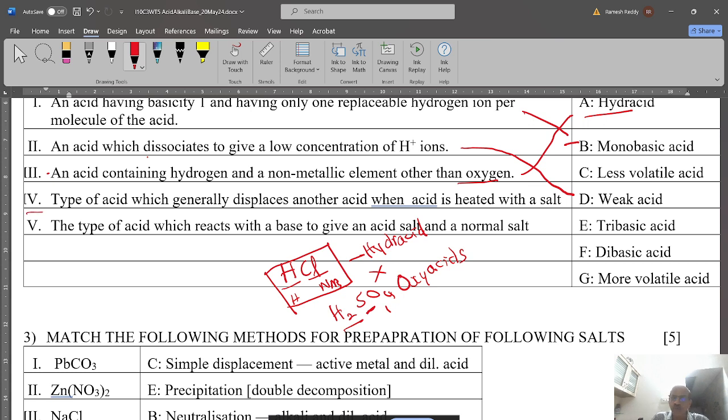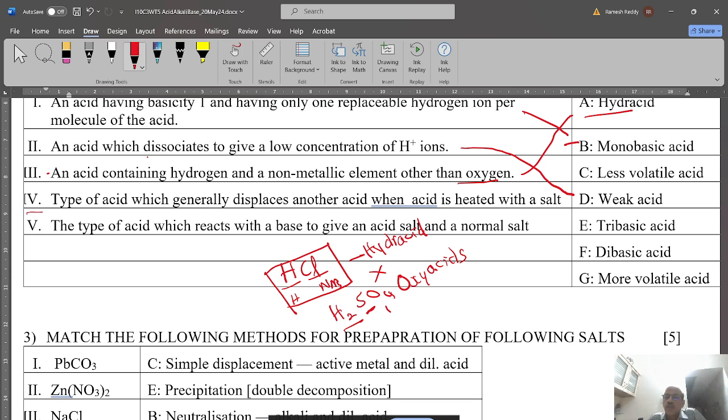Now let's go to the fourth one. Type of acid which generally displaces another acid when the acid is heated with the salt. I think it's more volatile acid?